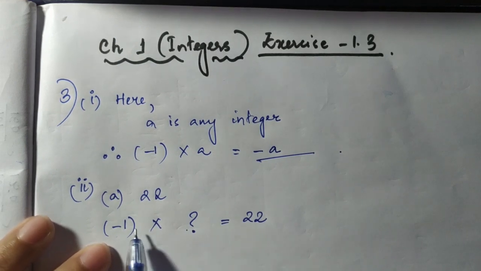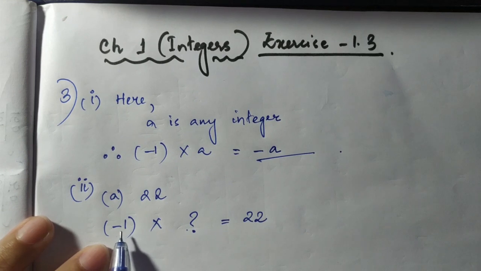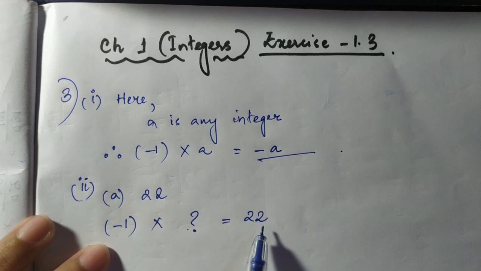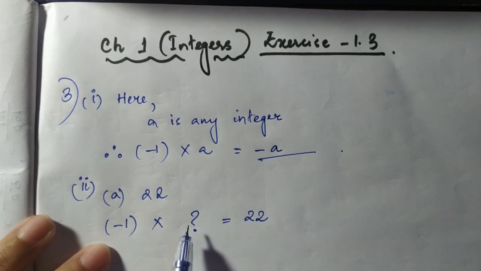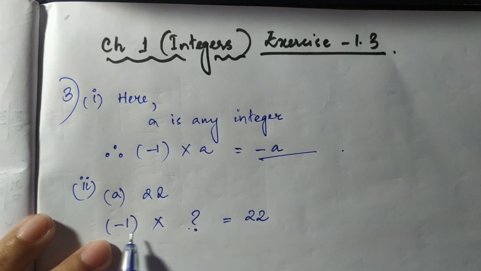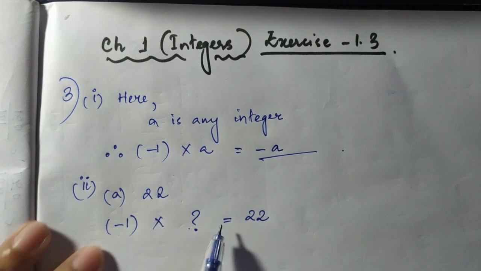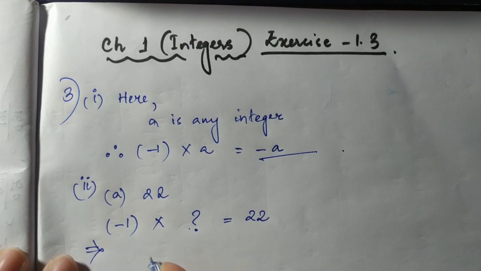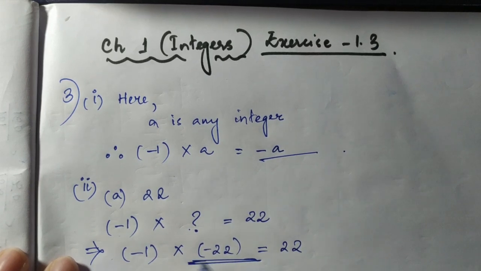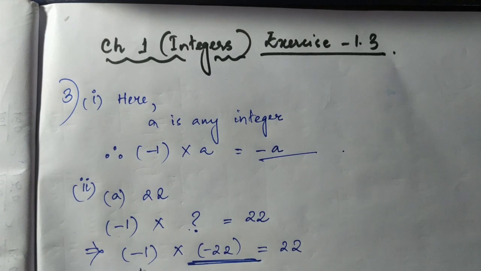So what we have to multiply with a negative integer to get a positive integer is obviously a negative one. And what do you multiply with 1 to get 22? It will be the same number itself. So my answer can be minus 1 into minus 22 will give me 22. Is it not clear? So minus 1 into minus 22 will give me 22.